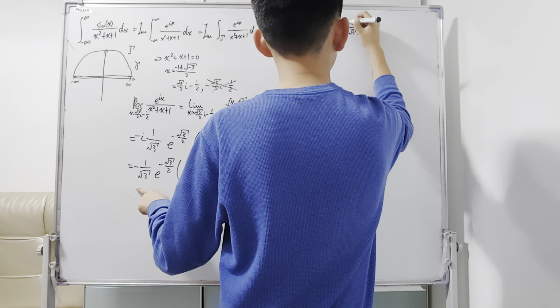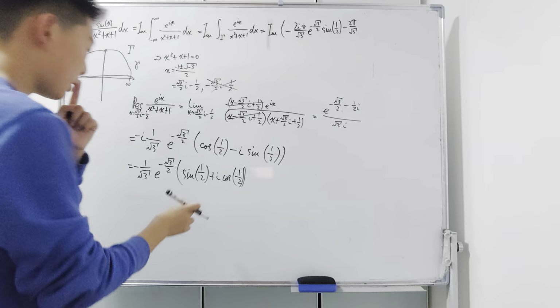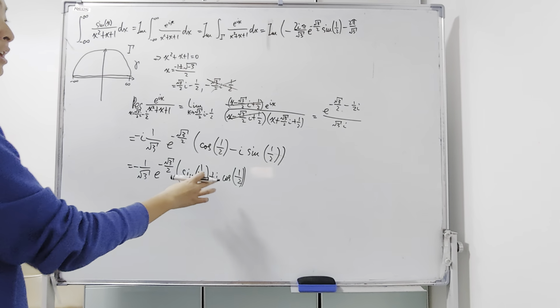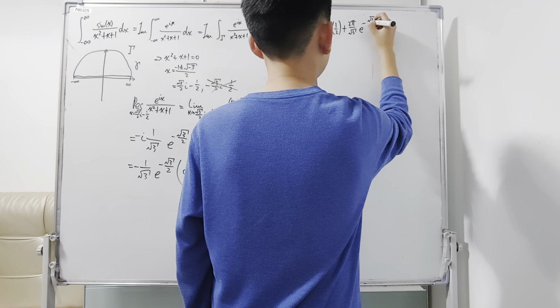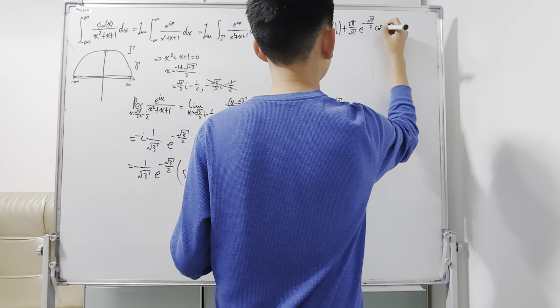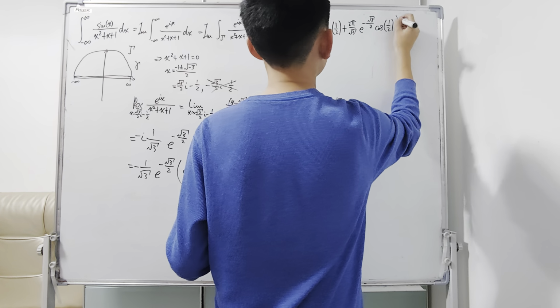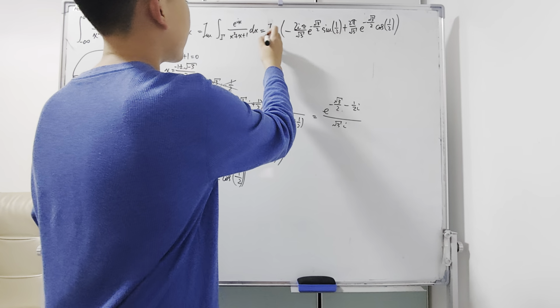Oh wait, no, 2 pi. And then it's supposed to be i, but we have an i over here anyway, so i times negative 1, so this is going to change to positive. And then 2 pi, and then we have the same thing, e to the negative root 3 over 2, and then the cosine of 1/2. It really doesn't matter what the second half of this entire term does, because we're looking for the imaginary part.